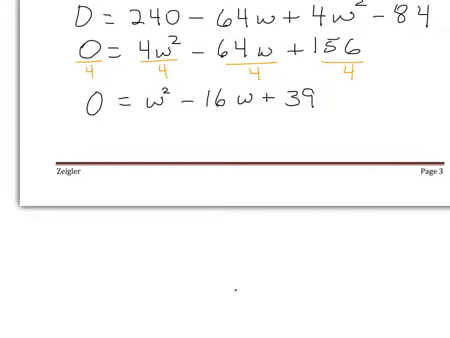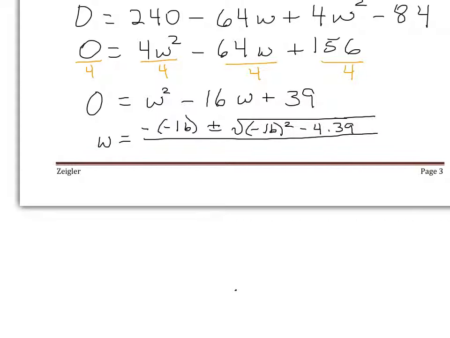So now we have a quadratic equation, and we can use the quadratic formula to solve for w. W equals negative b, and b is negative 16, plus or minus the square root of b squared minus 4 times a times c, all of that over 2a.